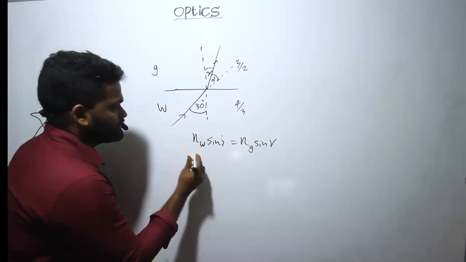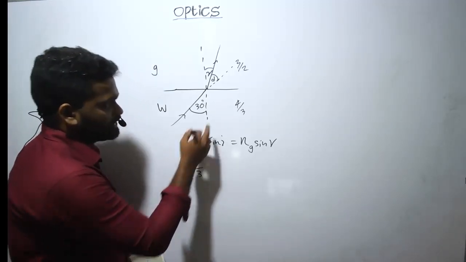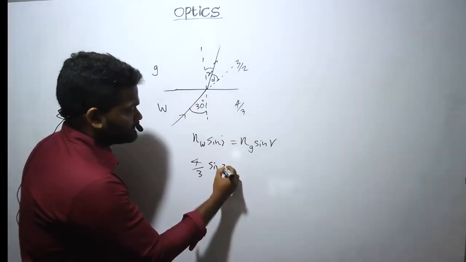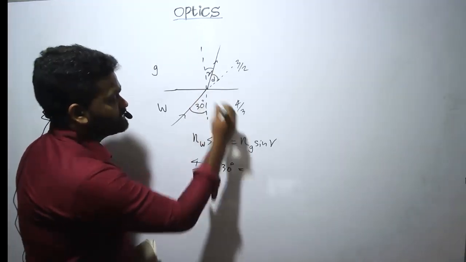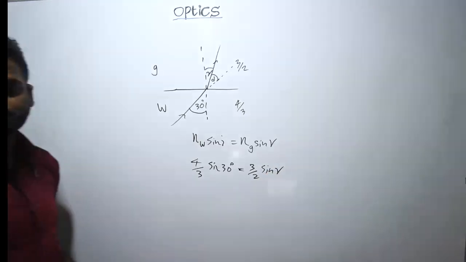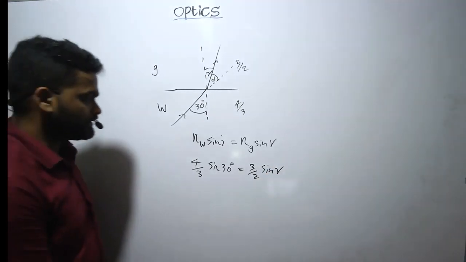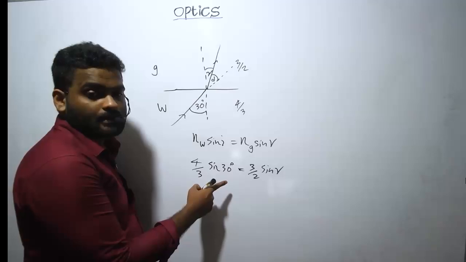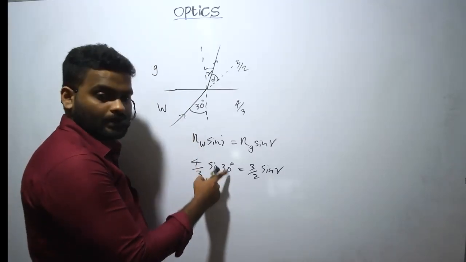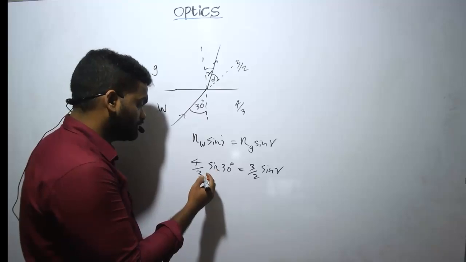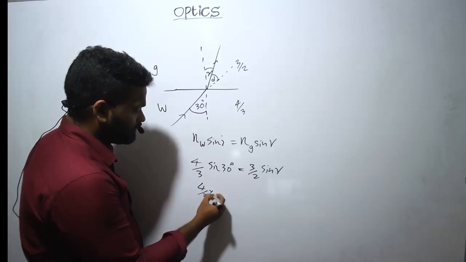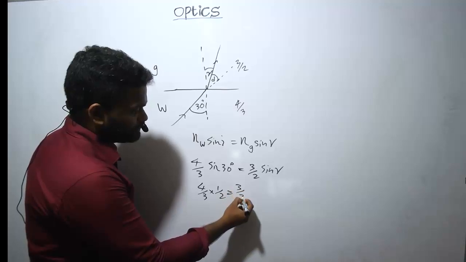Nw is 4 over 3, water. Sine 30 equals Ng, which is 3 over 2, sine r. What is the value of sine 30? 1 over 2, okay? By now you should know that. 1 over 2 equals 3 over 2 sine r.